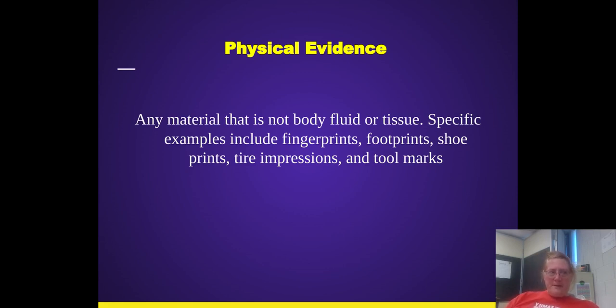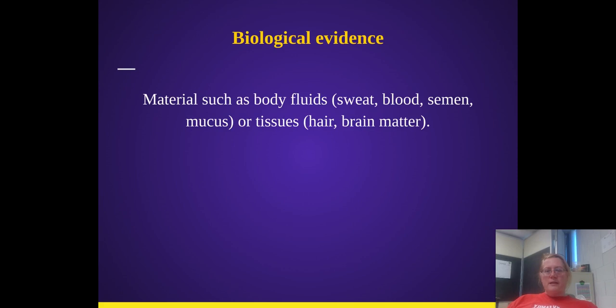You're thinking, I can touch it, it's physical, but in this case we're talking about evidence that is not biological. Specific examples: fingerprints, footprints, shoe prints, tire impressions, tool marks, bullets, anything that is not part of your biological fluids or tissues. Biological evidence is bodily fluids: sweat, blood, semen, mucus, and tissues like hair or brain matter left behind.